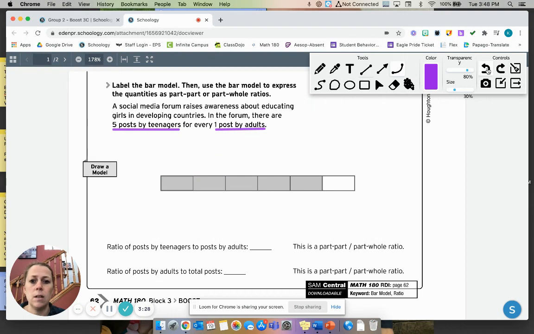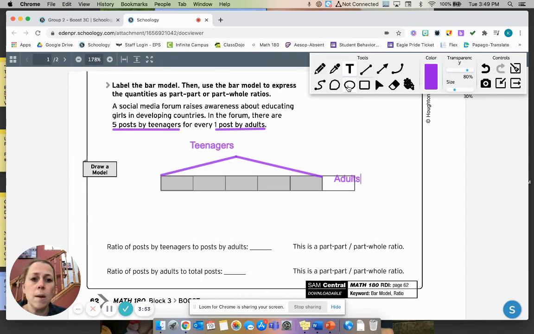Sorry about that. All 5 of these boxes should be labeled with teenagers, because that's what we're talking about: 5 boxes, 5 posts by teenagers. This box back here, the single box, should be labeled adults because we have 1 post by adults.